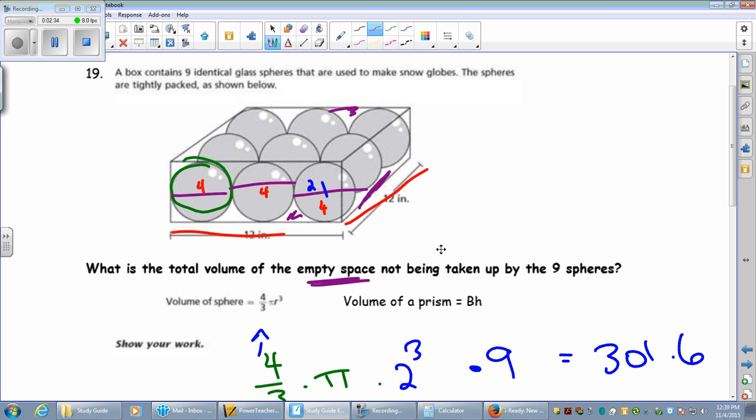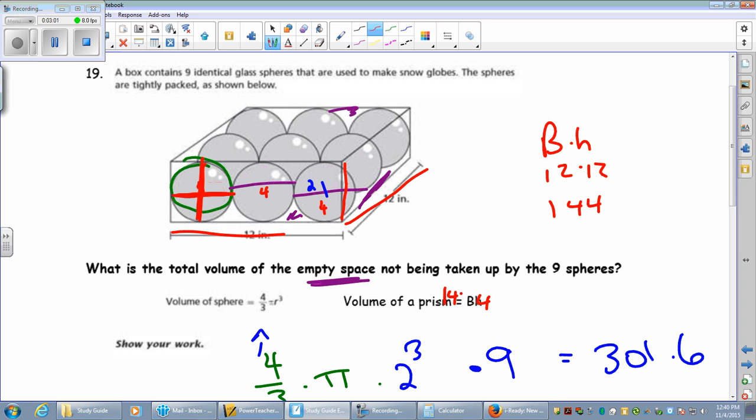which is a rectangle, and the area of that rectangle is base times height. So 12 times 12, or 144. And multiply that by the height of this. Well, if this sphere is 4 inches that way, it's also 4 inches that way, which means that the height of this box, or this H, is 4.